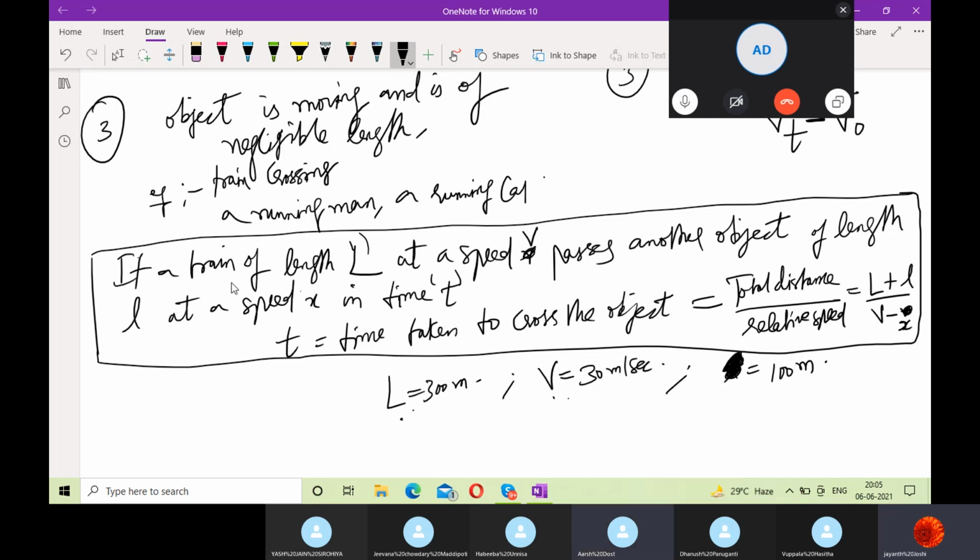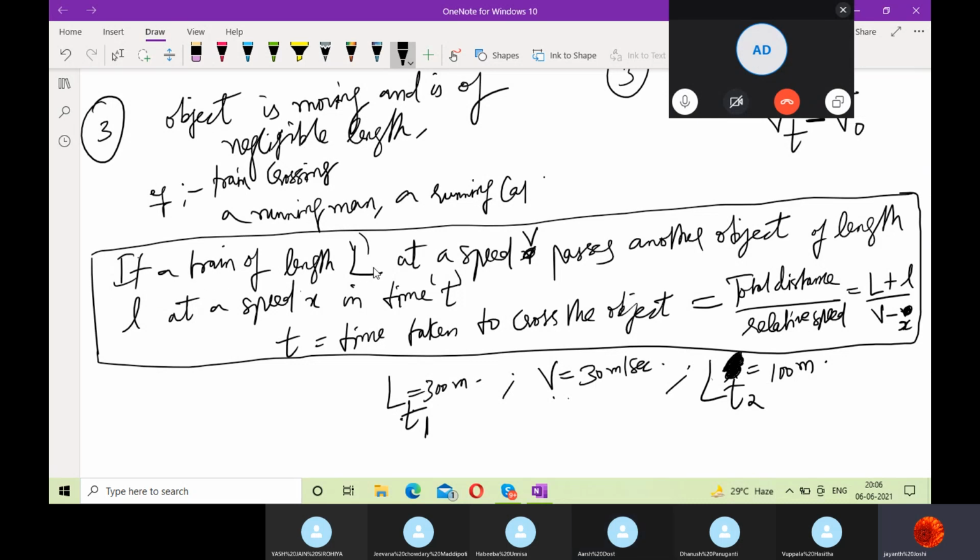Okay, so if the length of a train L at a speed v passes another object, this is the length of the train. Let us say this is another train. Let us take train 2, length of the train 2. Okay, so what is happening?